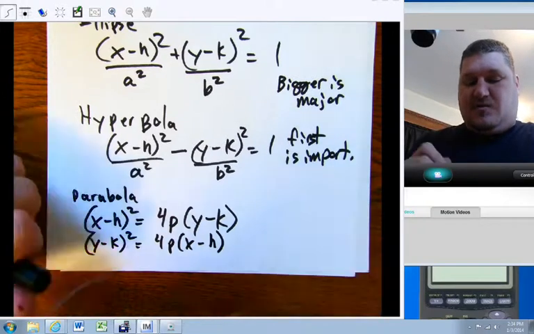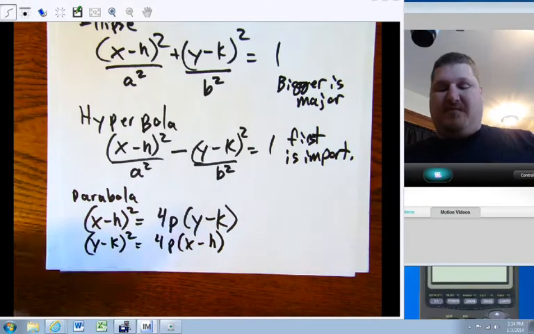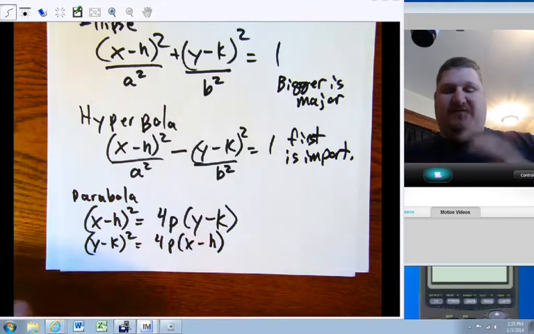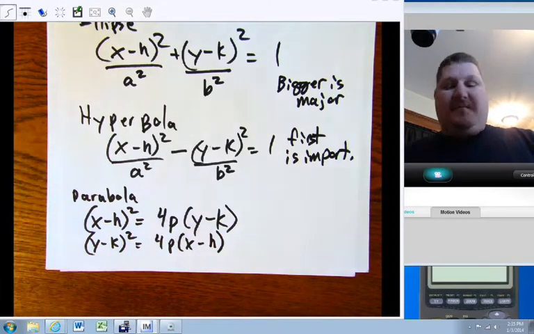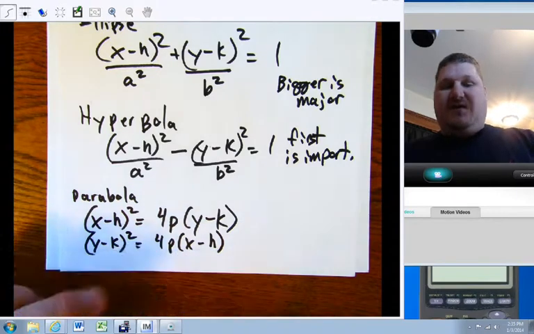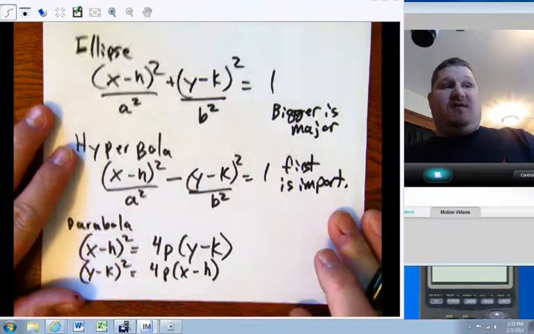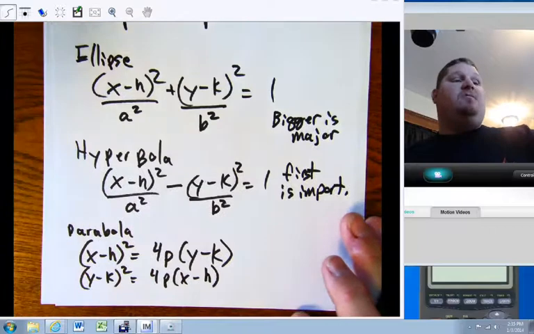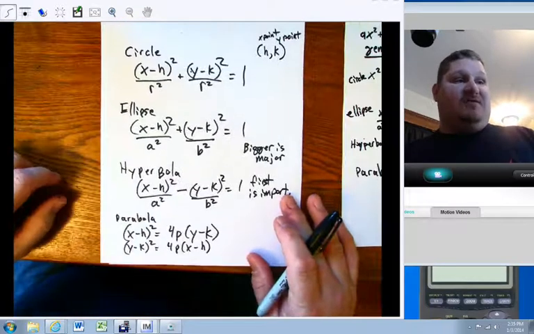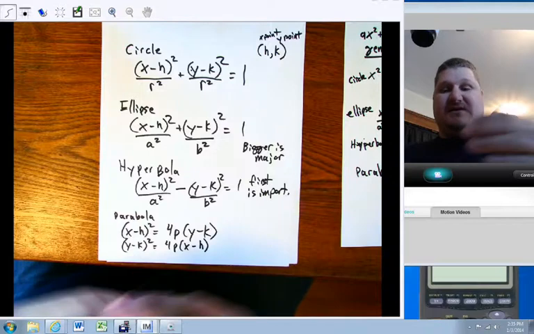So we have all of those key components. Now, by the way, books also differ on P, is it positive, is it negative? We'll deal with all of that coming up. But in the end, this is what we're talking about. You have standard equations that you must know and be able to give on a quiz. So if I said give the 4 conic formulas, these are it.